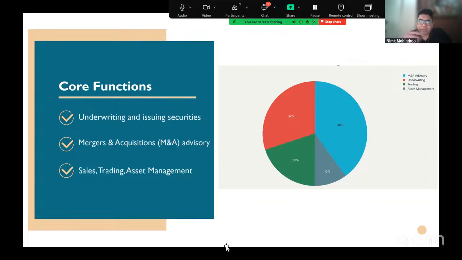On the right-hand side, you can see a pie chart which shows what percentage is held by each of these functions.